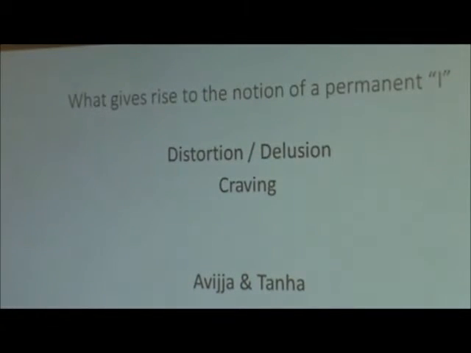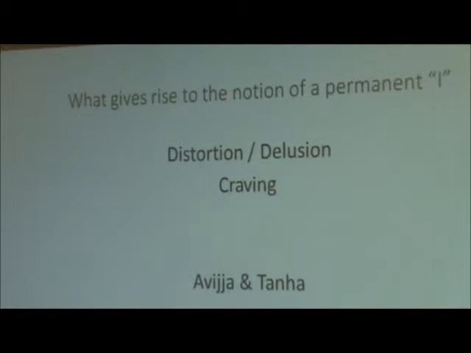Either they will rely on memory, or they will rely on sensation, or they will rely on consciousness. These are the bases they have to rely on to justify the permanent self. But the Buddha is saying that those bases are not solid enough.